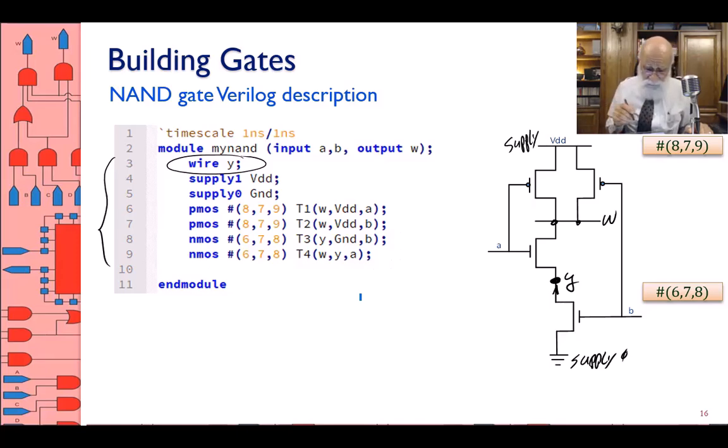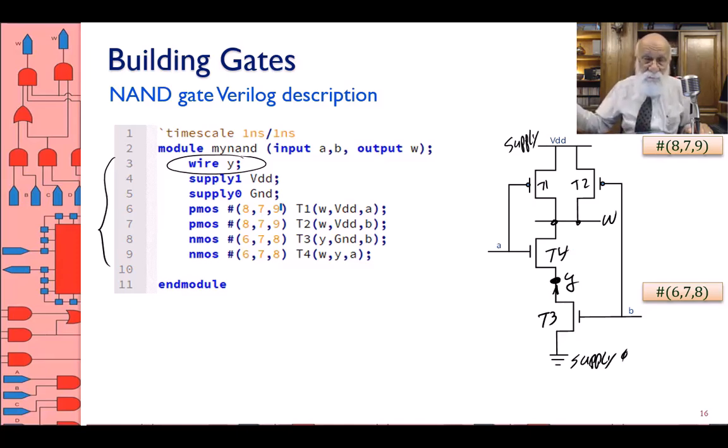All right. Transistors. This is T1. This is T2. And T3 is the one to ground. This is T3. This is T4. PMOSs 8, 7, 9.